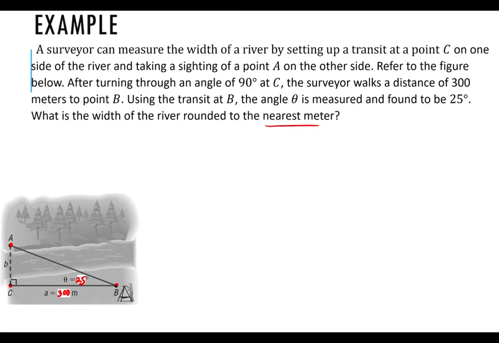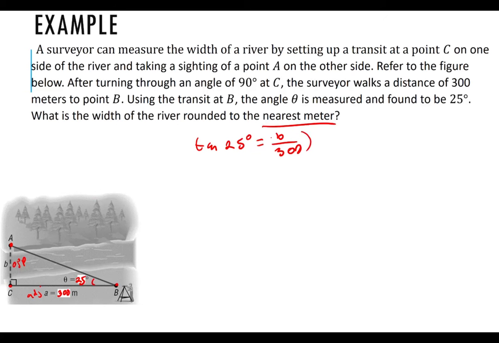And so nearest meter means we're going to round to a whole number. Alright, so what do we have here? Well, I have an angle theta. This is going to be opposite. This is going to be adjacent. I remember that the trig function that's opposite and adjacent is either tangent or cotangent. So I'm going to say, well, tangent of 25 degrees is equal to the opposite side, B, divided by the adjacent side, 300.